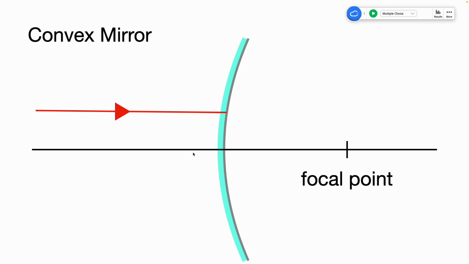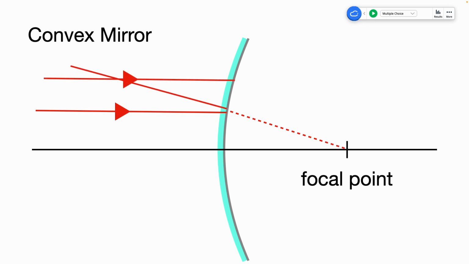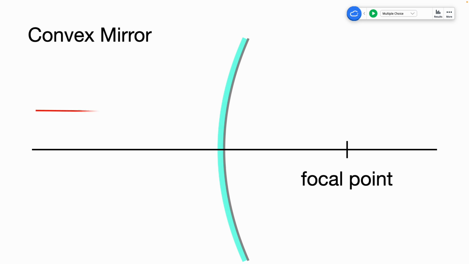But this time, the light ray doesn't really get focused at the focal point, but it will be reflected in a direction that resembles the focal point. So the way the light ray will be reflected is such that if you extend the light ray, there will be a dotted line that passes through the focal point. So that is what a convex mirror will do to the light.